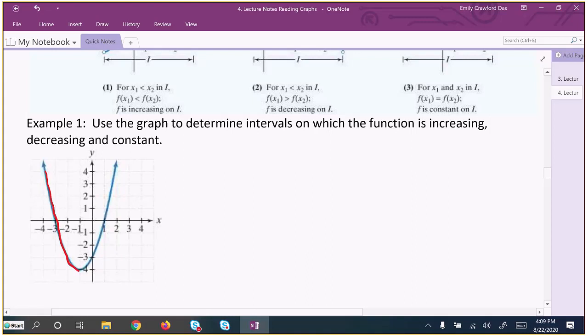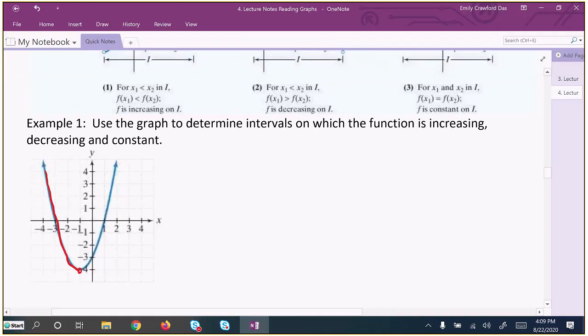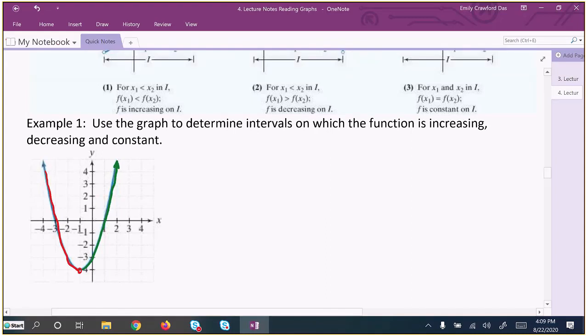From here to here, it looks like they are getting smaller. Whereas from here to here, my y values are actually getting bigger. The y values getting smaller as I move from left to right is called decreasing. So I'm going to say decreasing.